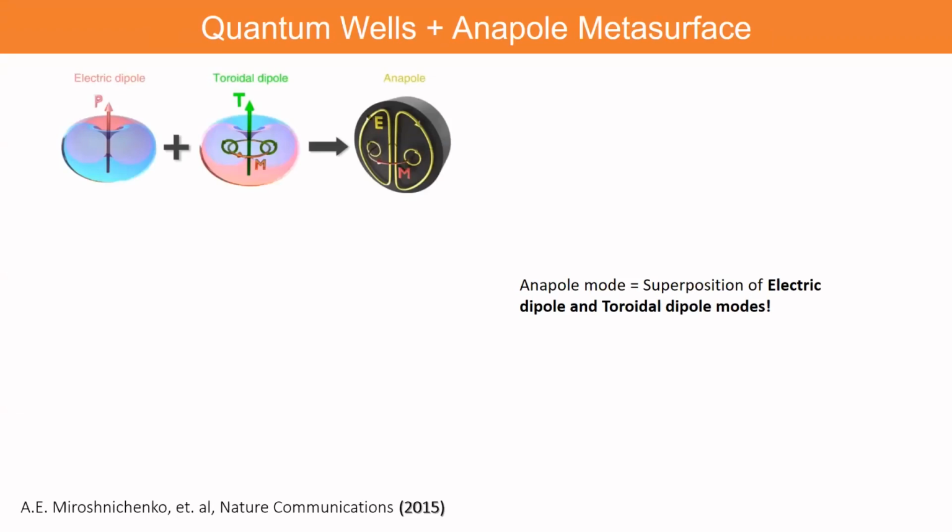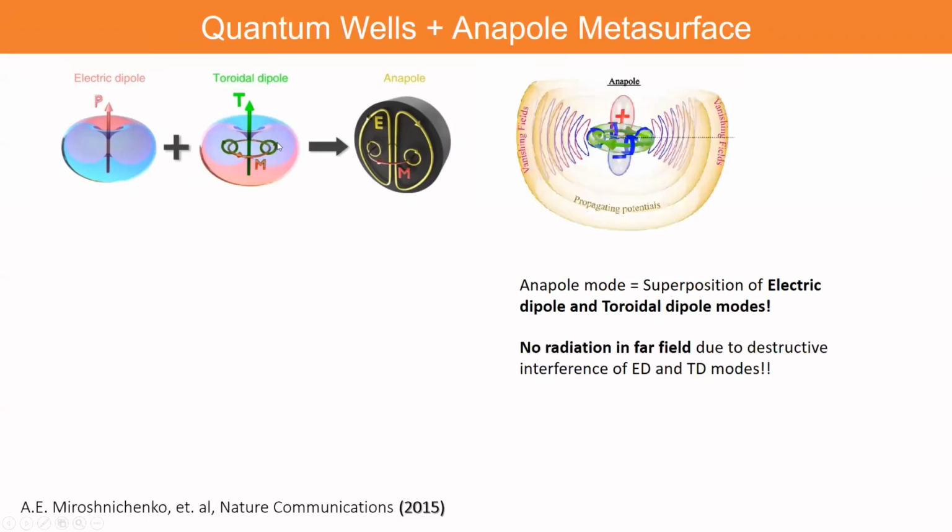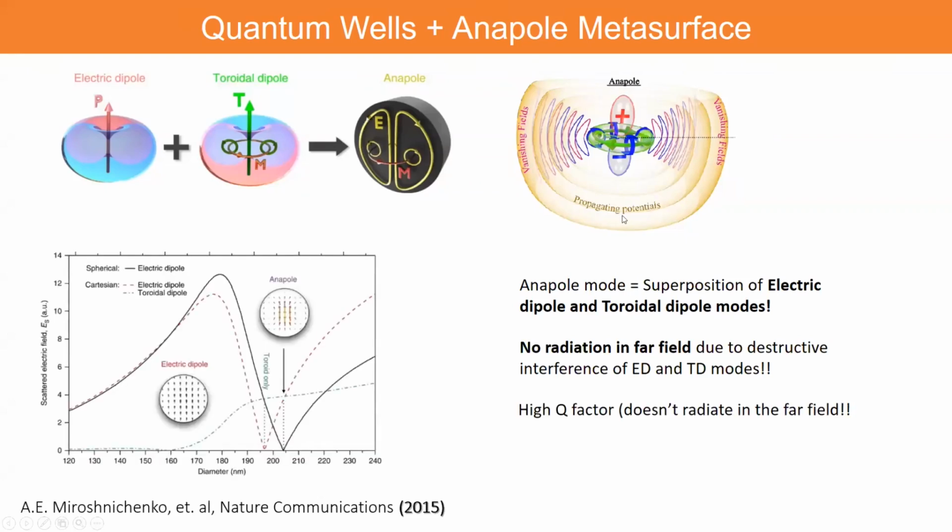What are Anapoles? Basically a superposition of electric dipole and toroidal dipole modes, and this leads to the Anapole mode. The property here is that in the far field, we don't see any radiation. We have vanishing fields in the far field, which makes the Anapole mode a highly confined mode, which means it should naturally have a high quality factor.